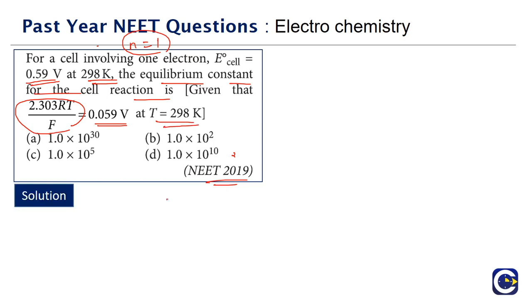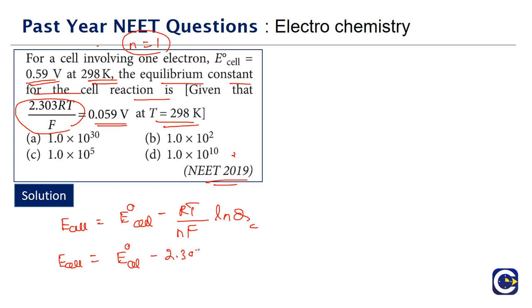If you remember the Nernst equation, it is E cell is equal to E0 cell minus RT by nF ln Qc, where Qc is the reaction quotient for the cell reaction. If we convert this into decimal logarithm, the formula will be E cell is equal to E0 cell minus 2.303 RT by nF log Qc.